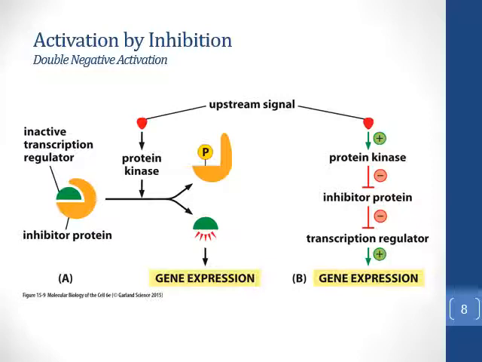Well, that transcription factor is going to be inactive. Maybe it's inactive because it's sequestered in the cytosol and can't get to the nucleus, or maybe it's inactive just because it needs to undergo some sort of modification to be active. So your upstream signal in this case is going to phosphorylate the inhibitor, and you're going to get gene expression.